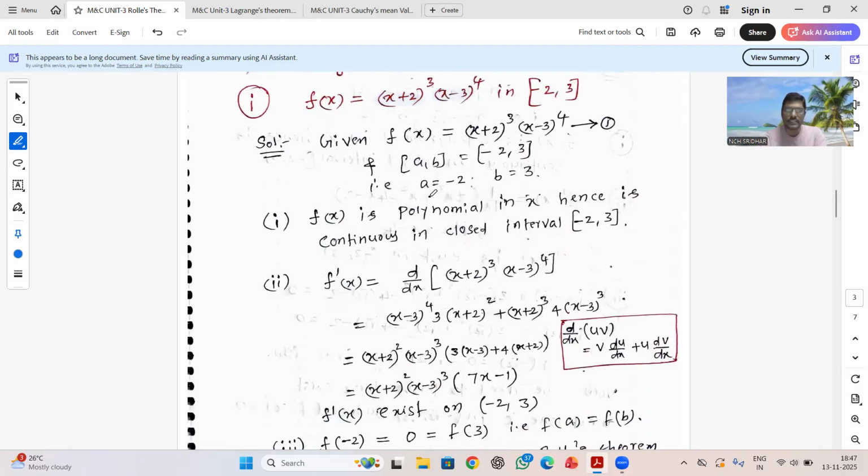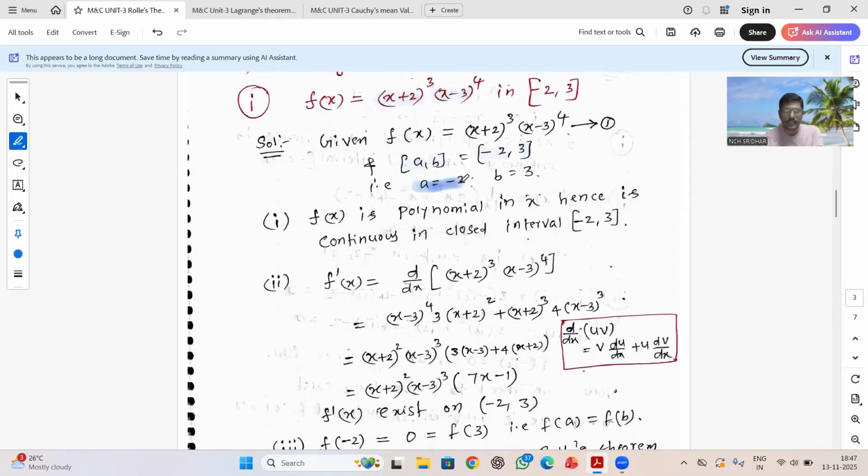We have already discussed that every polynomial is continuous and differentiable in the given interval. What is the interval given here? a comma b is equal to minus 2 comma 3. That means a is equal to minus 2 and b is equal to 3, right? So a is equal to minus 2.